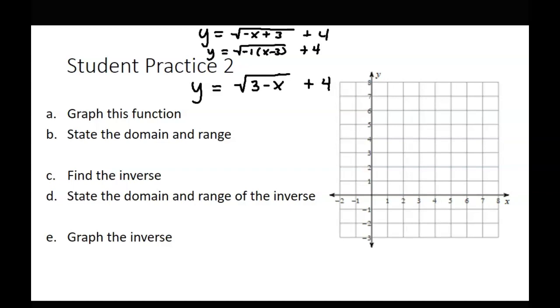Okay, so first, so I can graph this, I'm going to reverse these around, and then I'm going to take out the -1. And so that would have been your first two steps. So based on that, where would our starting point be for this square root function here?